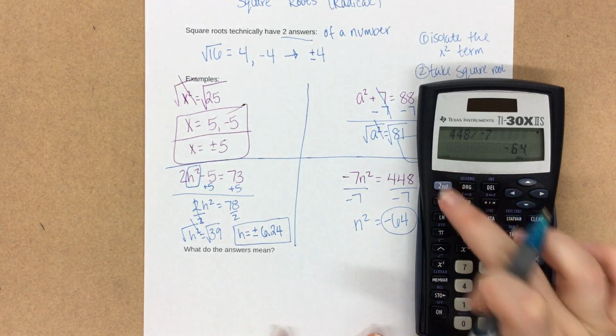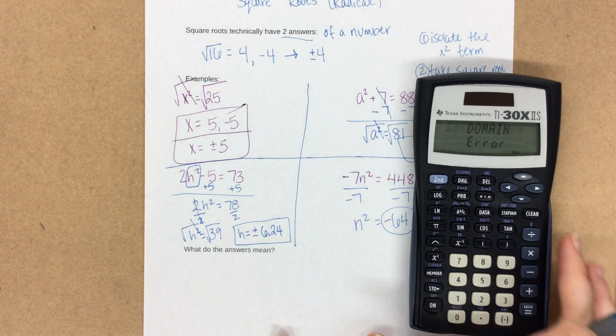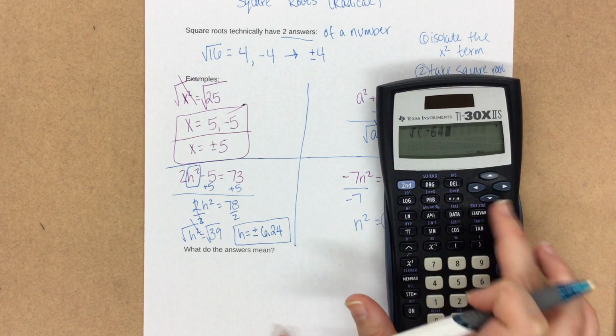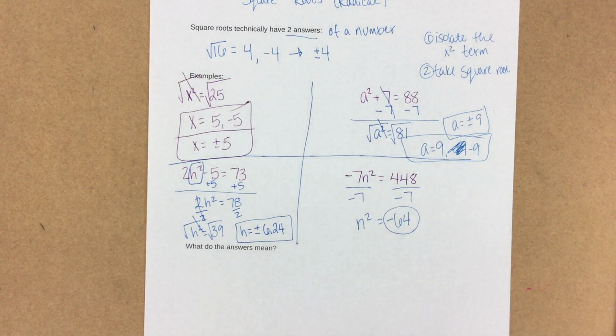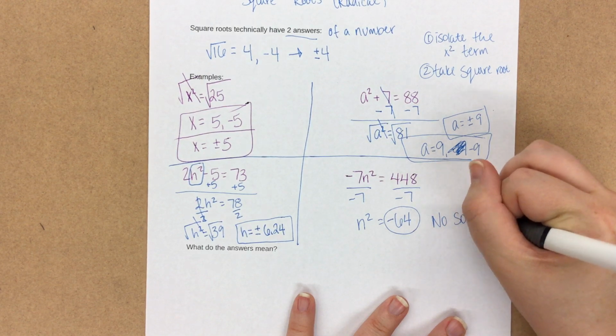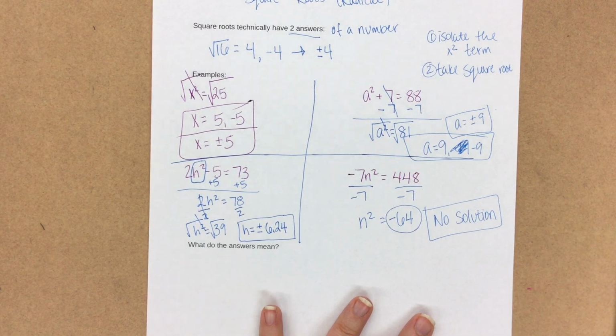If I try to type it in here, I get an error. Okay. Remember, those negative numbers, we have to either use imaginary numbers to get an answer out, or in this case what it means is no solution. Okay, because there are no square roots of negative numbers.